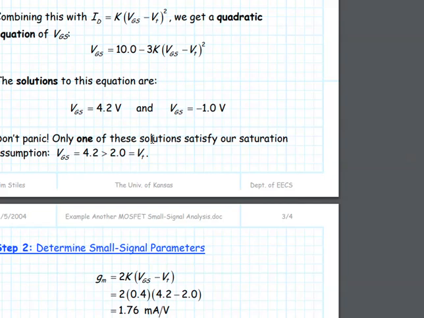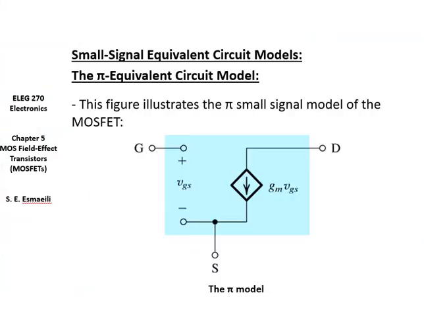But look, some people, if they wanna analyze this more accurately, in this model they also add a resistor in parallel with this current source, and they call it RO.